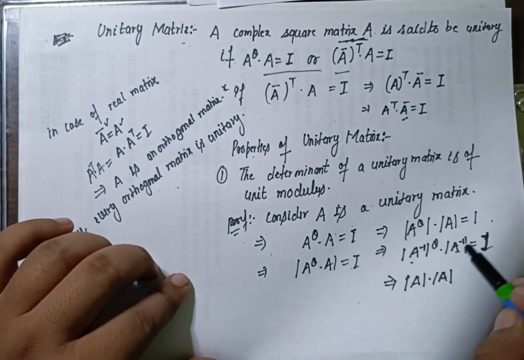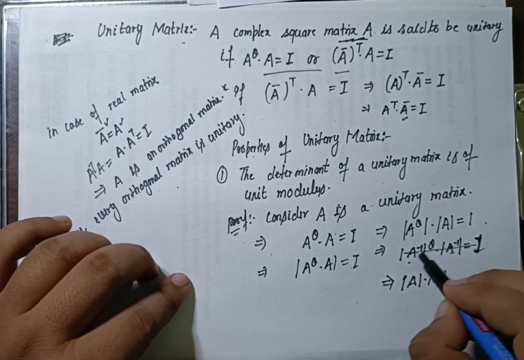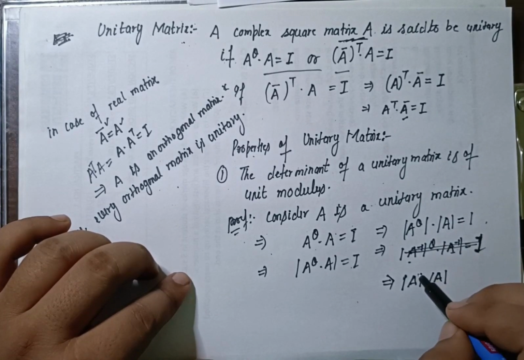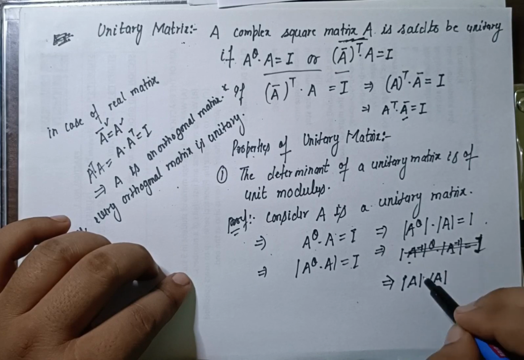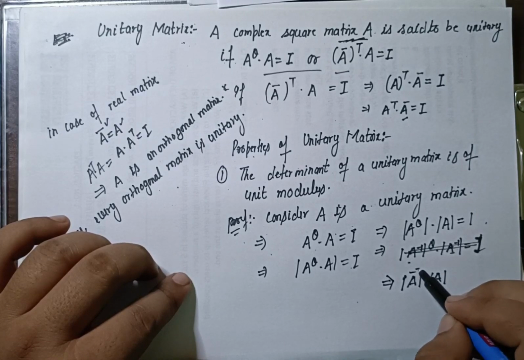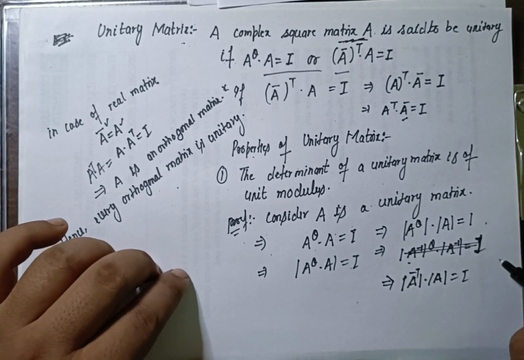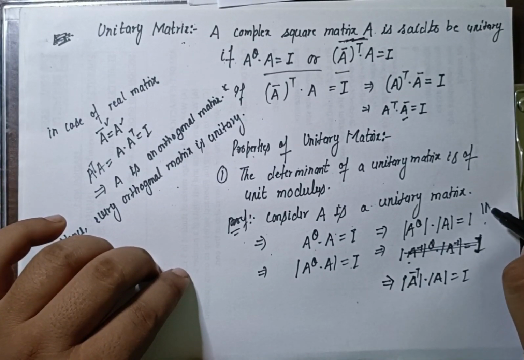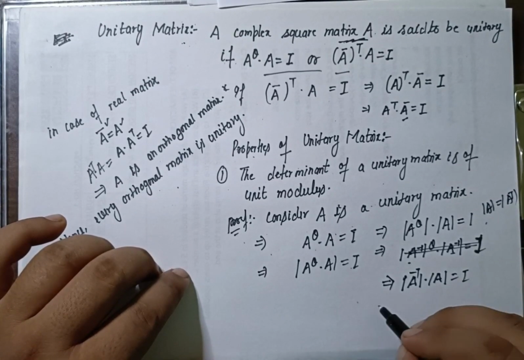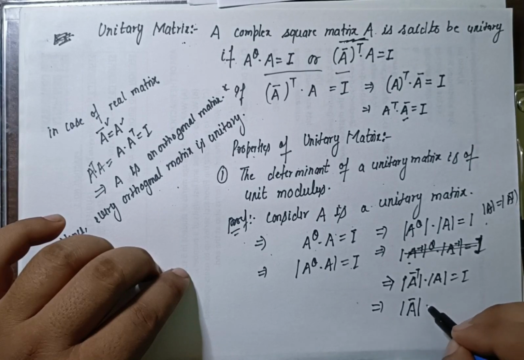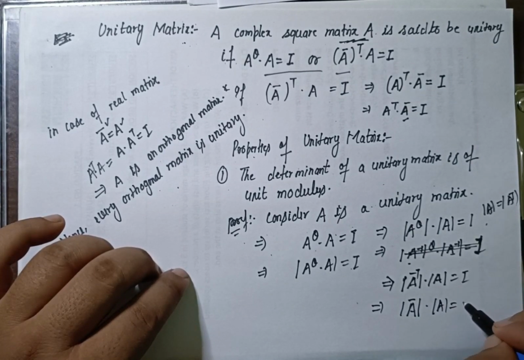Actually, taking the determinant of both sides, we don't need to write this. We can say A conjugate transpose into A equals identity, and we know that the determinant of a matrix and its transpose are equal, so we can write the determinant of conjugate of A into A is equal to 1.